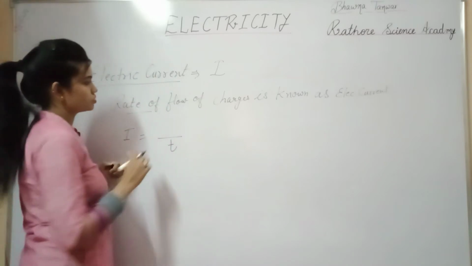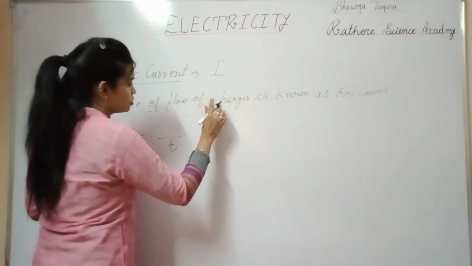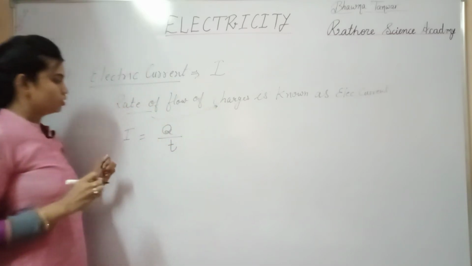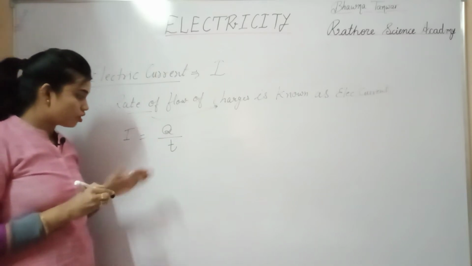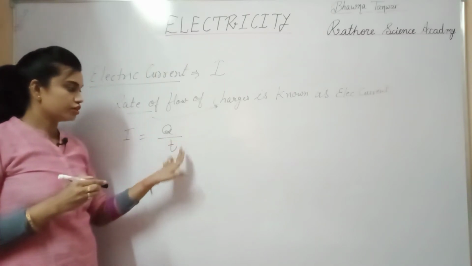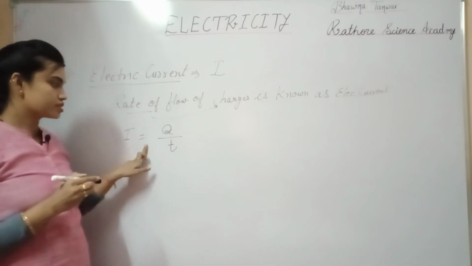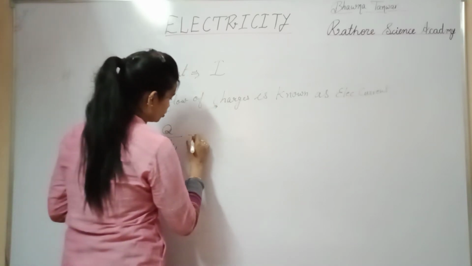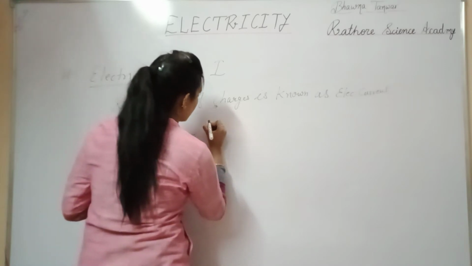T is time. That something is charge, and charge is denoted by Q. So I equals Q by T. The rate of flow of charge is known as electric current. I equals Q by T. The unit of charge, as we have discussed, is coulomb.